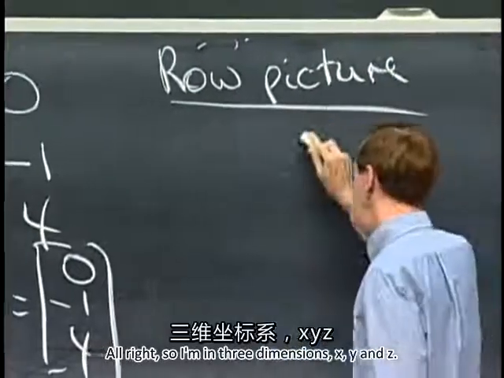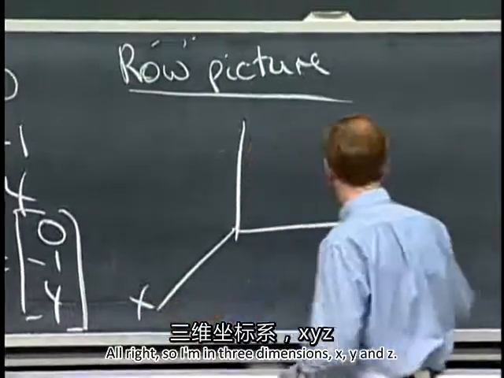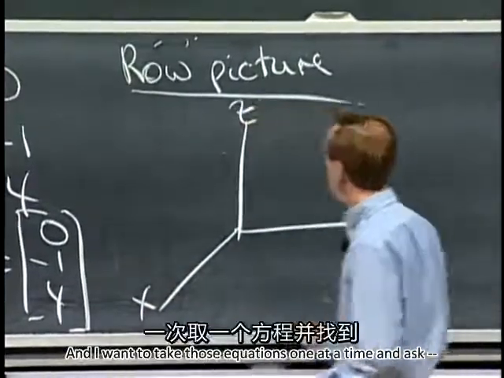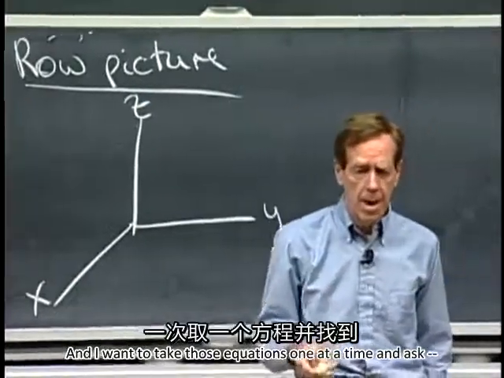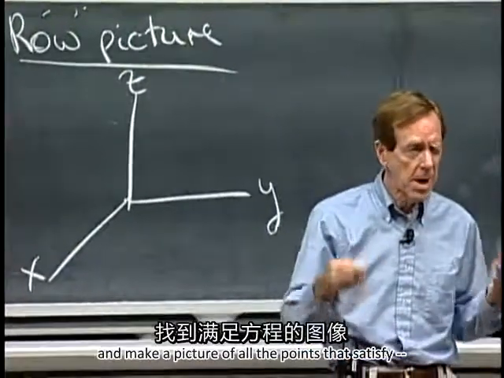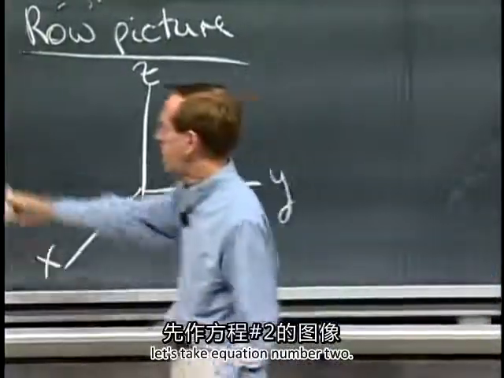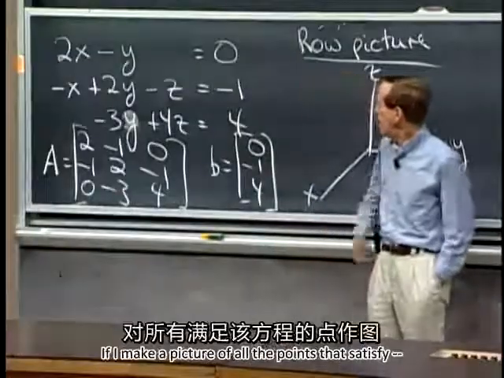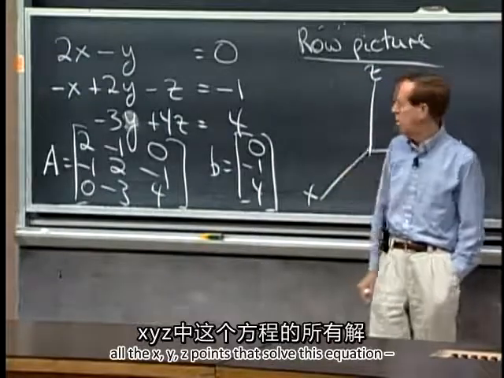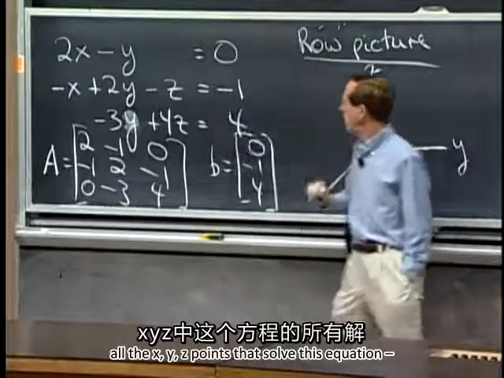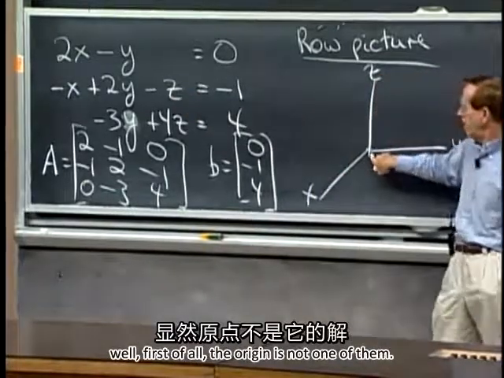All right, so I'm in 3 dimensions, x, y, and z. And I want to take those equations one at a time and make a picture of all the points that satisfy. Let's take equation number 2. If I make a picture of all the x, y, z points that solve this equation, well, first of all, the origin is not one of them.